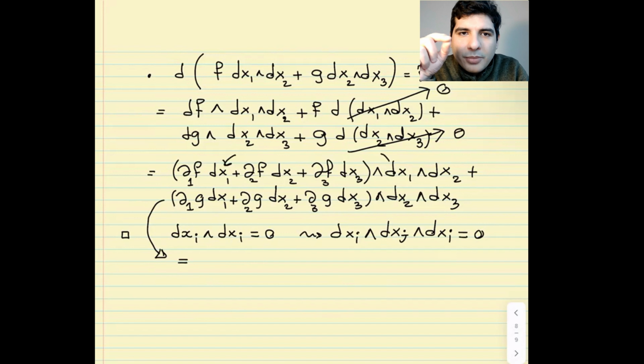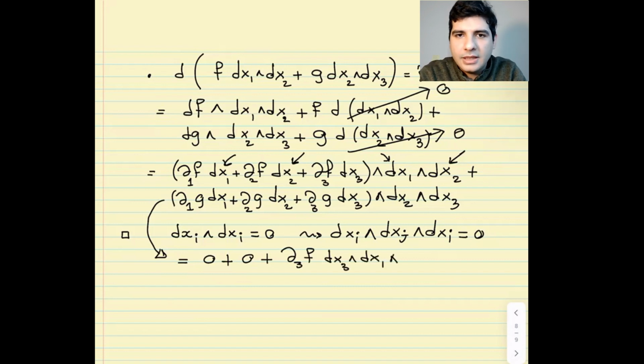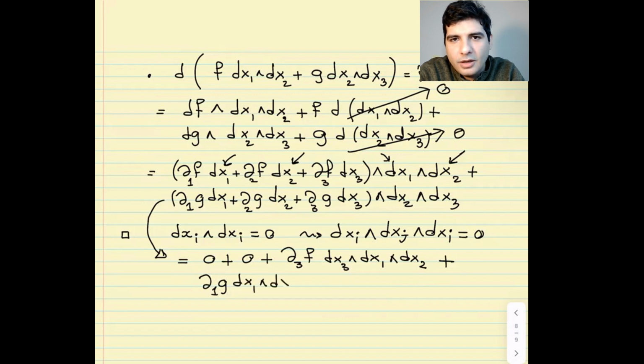So using that, you can see partial 1 f dx1 wedge dx1 dx2 is 0, plus partial 2 f dx2 wedge dx1 dx2 is 0 because again we have two dx2s. So the only thing which remains is the derivative of f with respect to x3, dx3 wedge dx1 wedge dx2. Kind of same argument applies to g, only the first term survives. We have partial x1 g dx1 wedge dx2 wedge dx3. The other terms, we get again repetitive dx2 or repetitive dx3, so they would vanish.